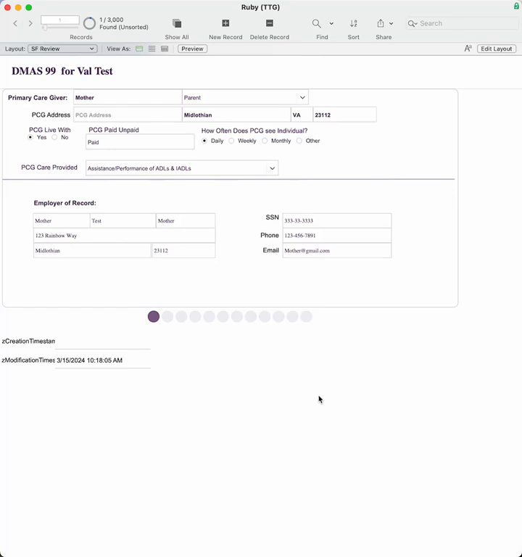You're going to get a separate receipt. So these screens are updating the individuals or the members' case file, everything that we have on that member. So it's imperative that these screens are updated before you do that 99.